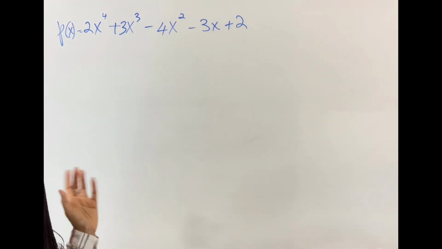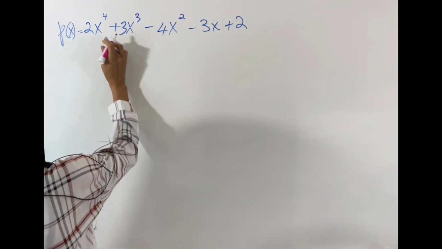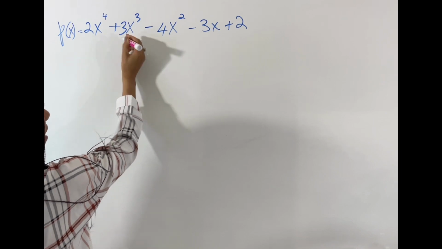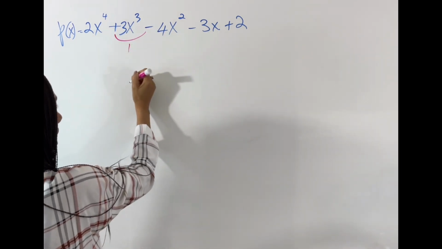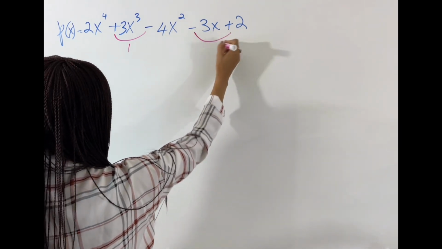So let's determine the number of variations in sign for this polynomial. The change from positive to negative occurs here. There's no variation here, but there is a variation here.